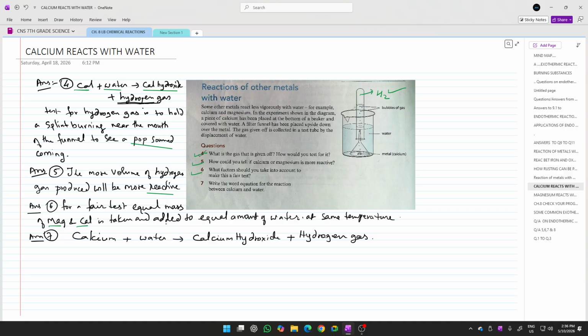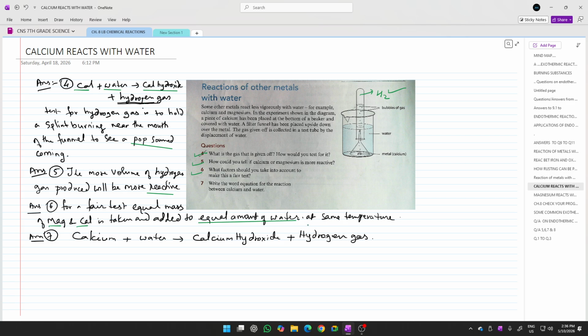Moreover, both should be added to the same, equal amount of water. Water also should be in equal amount, and the temperature should also be the same for both reactions. After keeping all these variables constant, suppose you get more hydrogen in one particular case, then that will be more reactive.